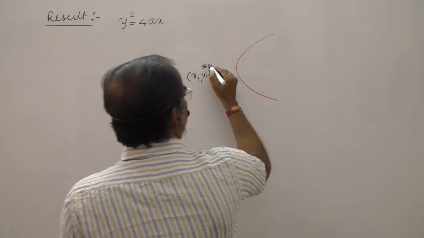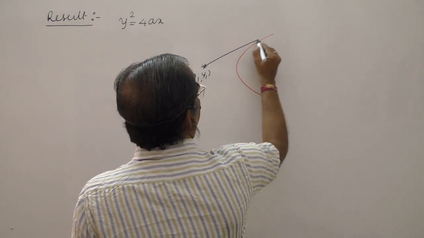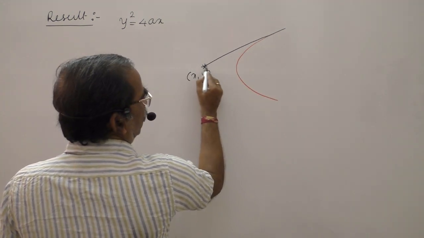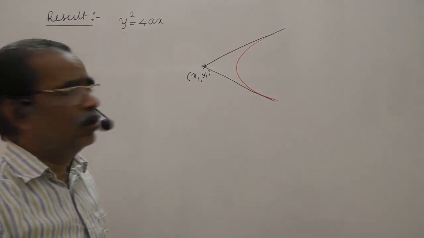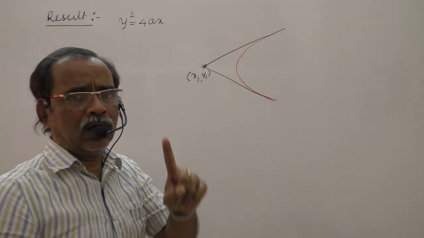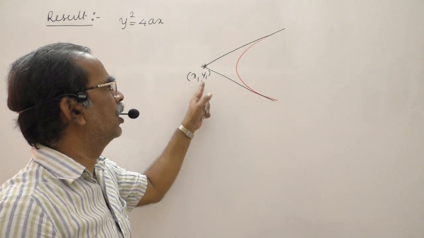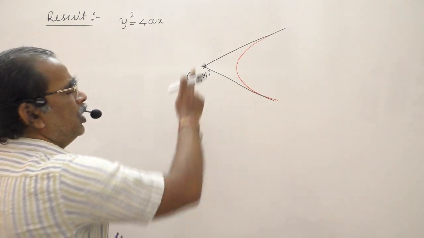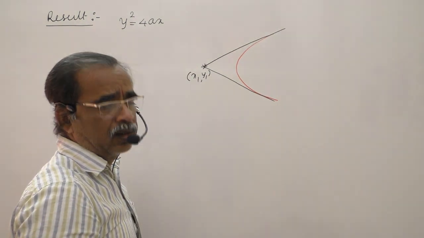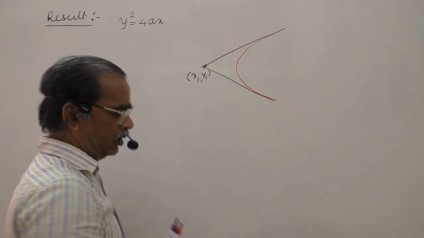When the point is an external point, we can draw two tangents to the parabola. These are the two tangents. When the point lies on the curve, only one. When the point lies outside, two tangents can be drawn. That means they are two lines.